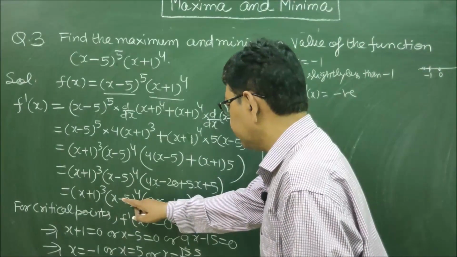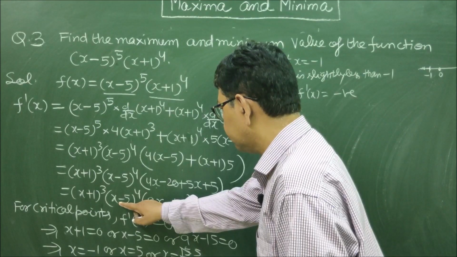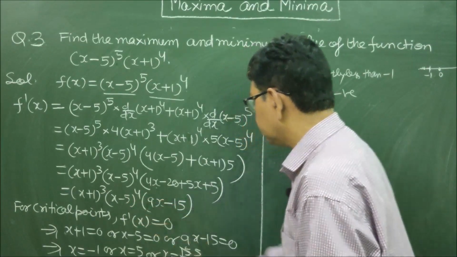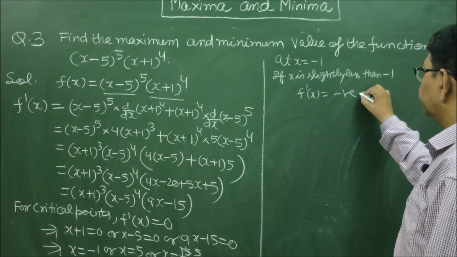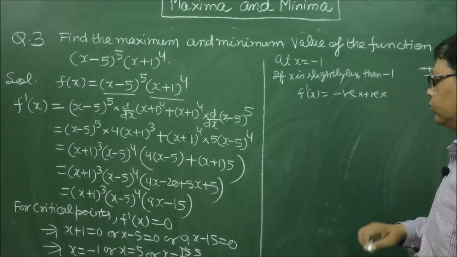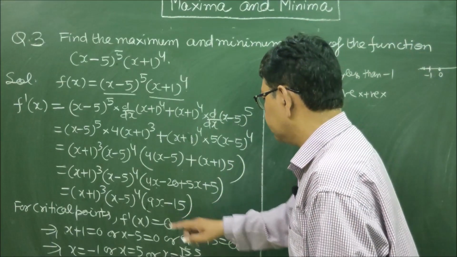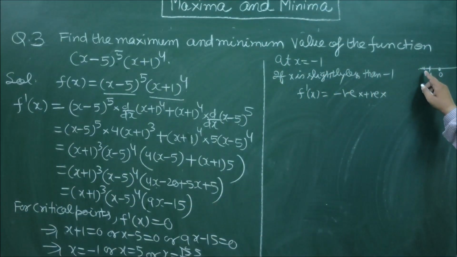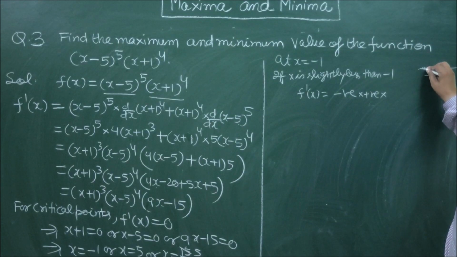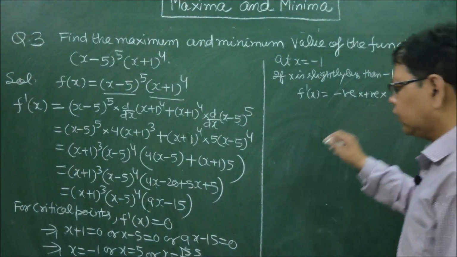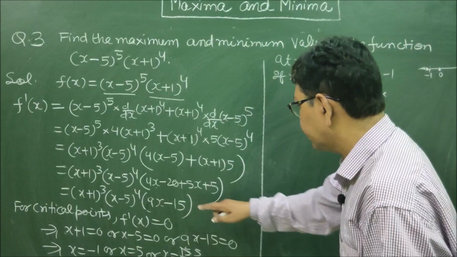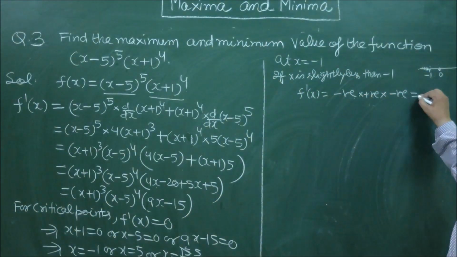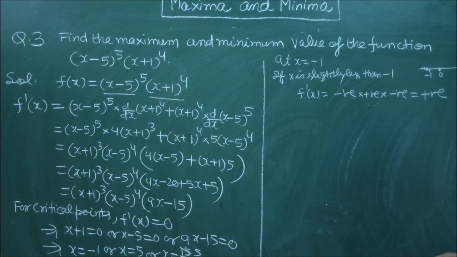Here, the whole term with the even power is positive. Negative into positive, with the remaining factor negative as well, means the sign of f dash x is positive.